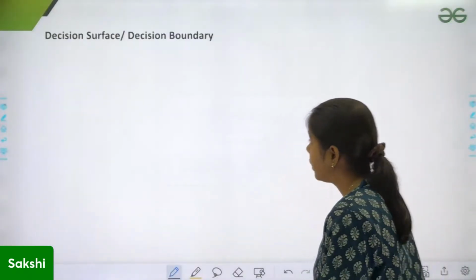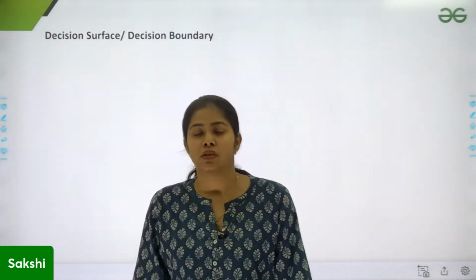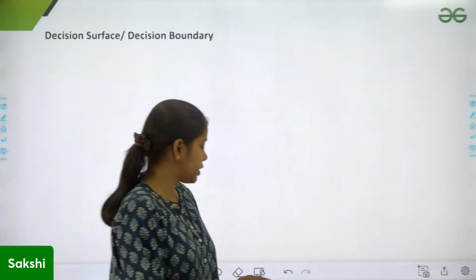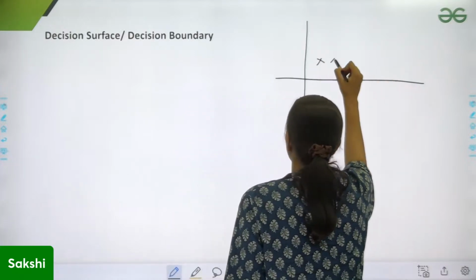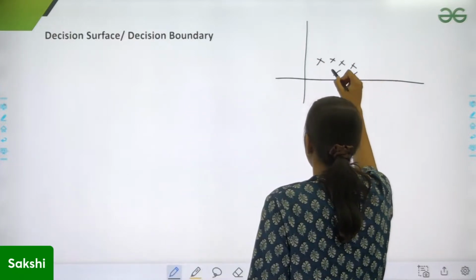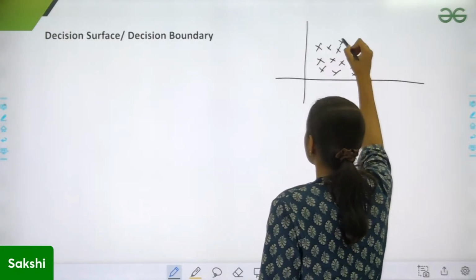Okay, now the next thing is decision surface and decision boundary. So what is a decision surface or decision boundary in KNN? Let's see. I have taken the same data set, IQ and percentage, and we are getting student placed.